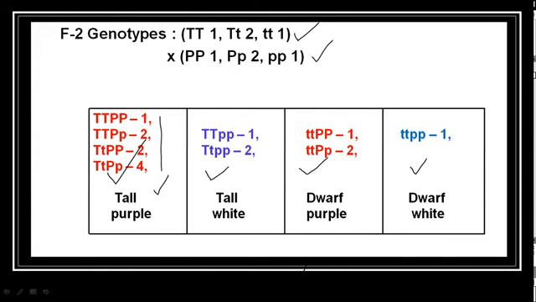Now just combine these two sets. 1 into 1, 1 into 2, 1 into 1, 2 into 1, 2 into 2, 2 into 1, 1 into 1, 1 into 2, 1 into 1. What will be the result? 1 2 1, 2 4 2, 1 2 1.